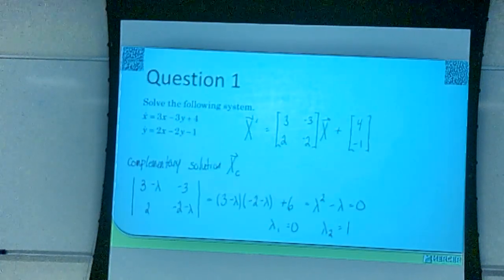So for lambda equals 0, remember, plug it back in to your matrix and reduce it. That's going to give us, because it's 0, and that is extremely easy to see, that's going to reduce to that.